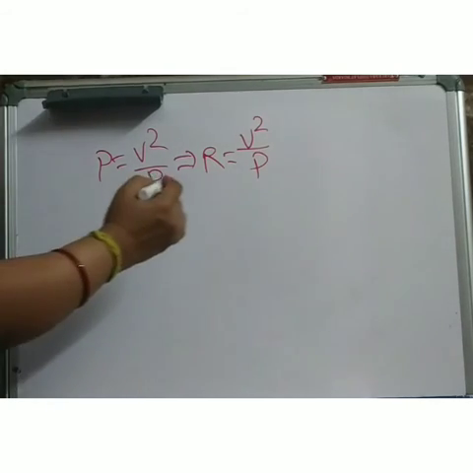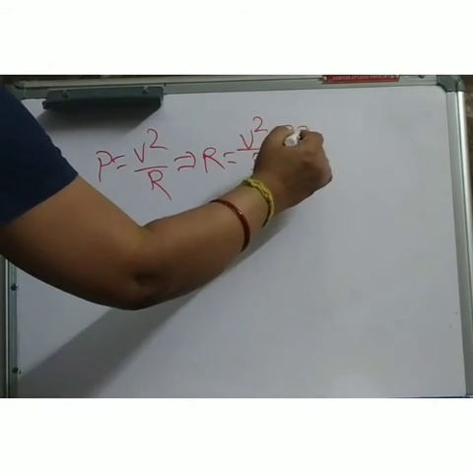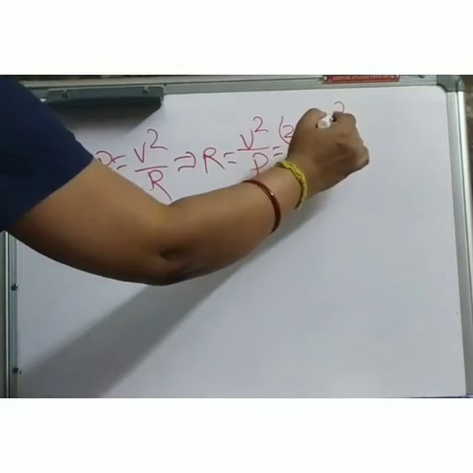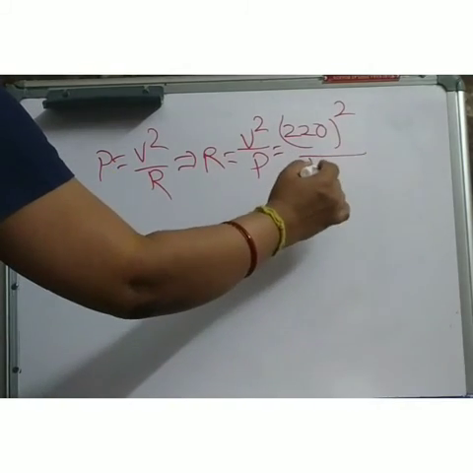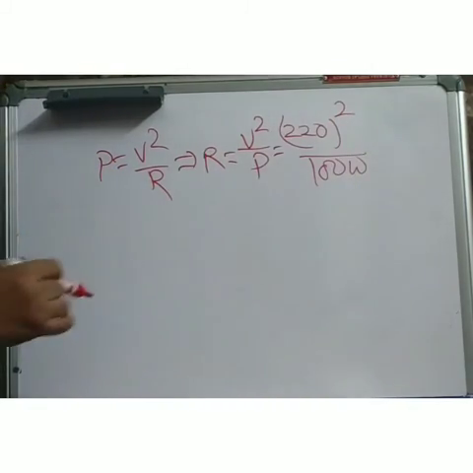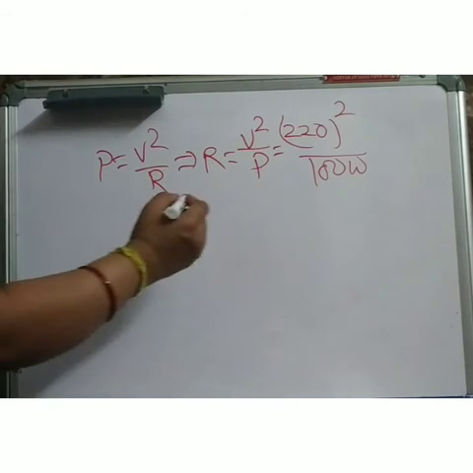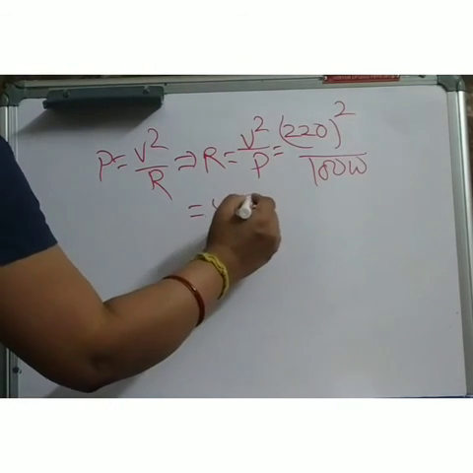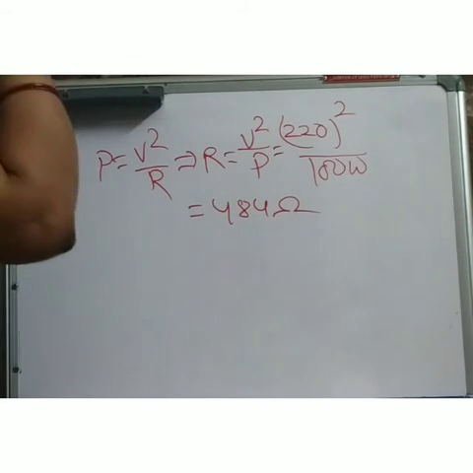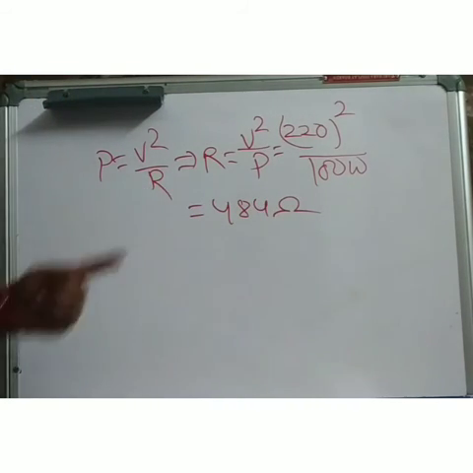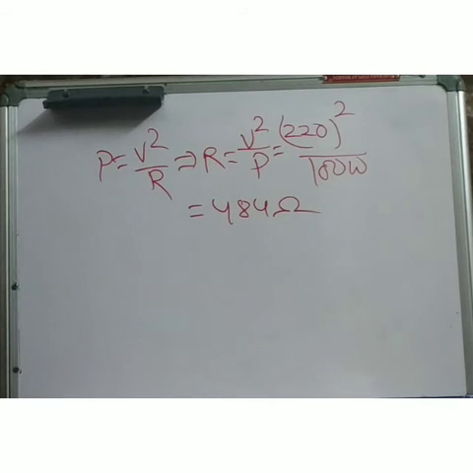Here we have discussed 220 volt. So that means 220 volt square, power 100 watt. So what is this value now? It is 484 ohm. You just calculate, it will come around 484 ohms.